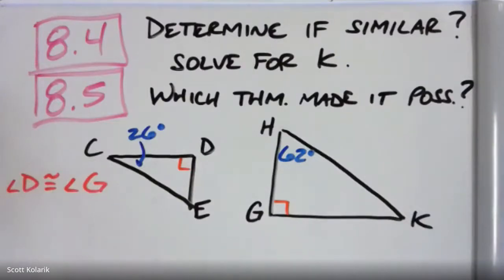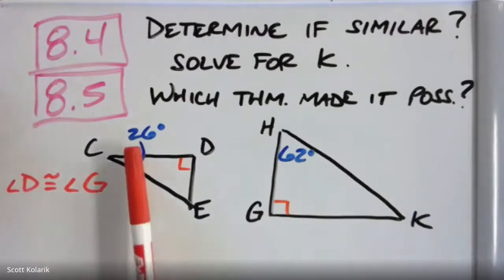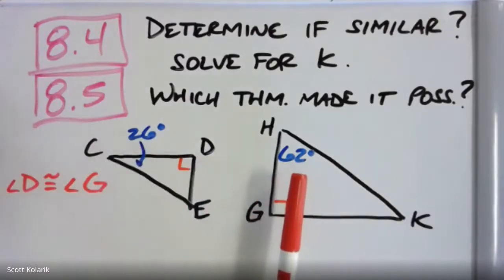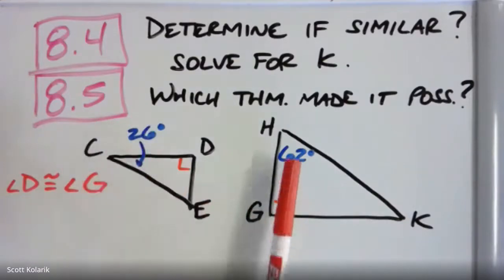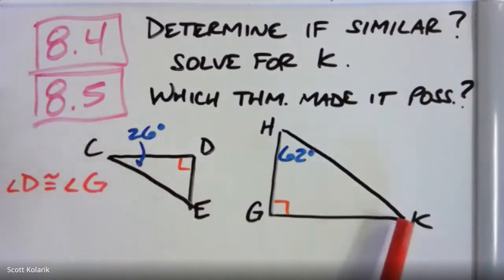But in order to be similar at this point, I need at least one other pair of congruent angles. So it's tempting at this point to say, well, they're not, because 26 doesn't equal 62. And that's true. But the more important thing to ask here is, there are three possible angles in every triangle. These two are already accounted for.